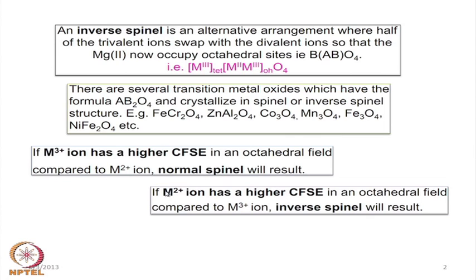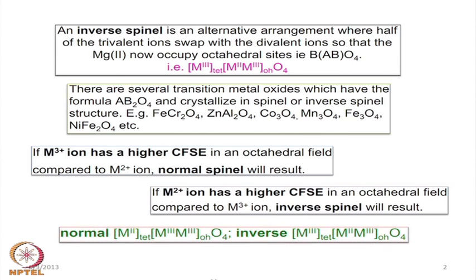Similarly, for M2 plus, we have to find its CFSE in both fields, and if it has a higher CFSE in the octahedral field compared to the M3 plus ion, we get the inverse spinel. So, we write in this fashion what we have seen in these two cases: in normal spinel M2 plus is in tetrahedral sites, and in inverse spinel M3 plus is in tetrahedral sites.